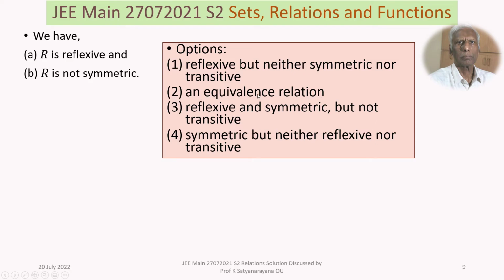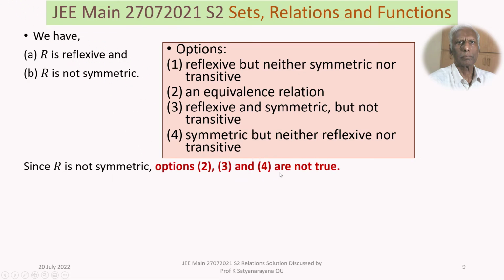If it is an equivalence relation, it must have all the 3 properties: reflexive, symmetric, and transitive. Because it is not symmetric, it is not an equivalence relation. Options 3 and 4 want symmetry on the relation R, and that is why 3 and 4 are also not true. So since R is not symmetric, options 2, 3 and 4 are not true.